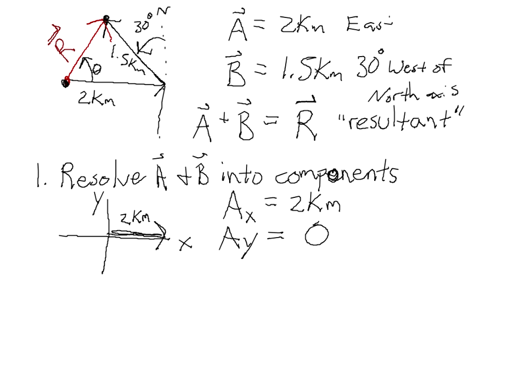We need to do the same thing for vector B. So again, we draw our coordinate system. Here's x, here's y. Vector B is 1.5 kilometers, 30 degrees west of north. Well, that's off in this direction.